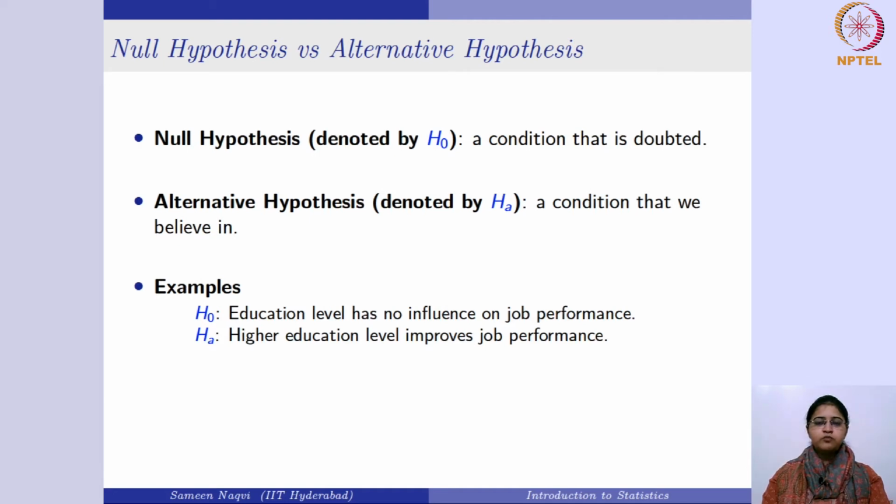So you believe that a higher education level improves job performance. In that case, you will write the alternative as the condition in which you believe. However, the condition in which you doubt is that education level has no influence on job performance. That you frame as the null hypothesis. And why do we write the null as the condition in which we doubt? We will come to that in the next slide.